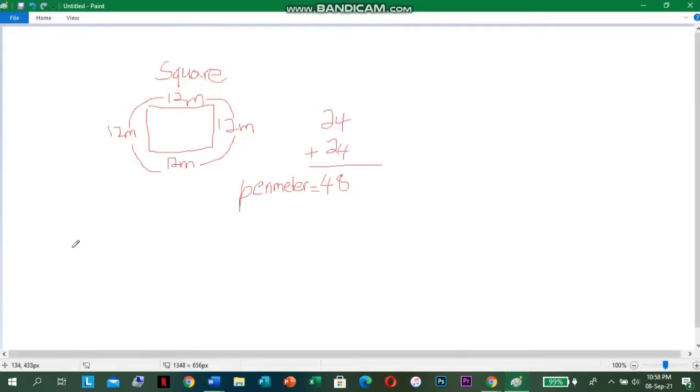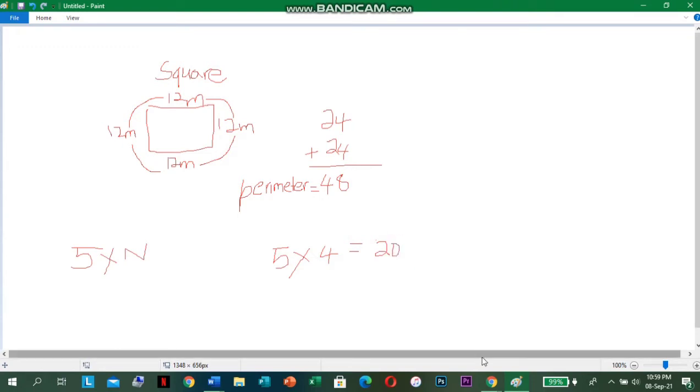So for example, it's 5 times n. I can say 5 times 4 is equal to 20. 5 fours is 20.